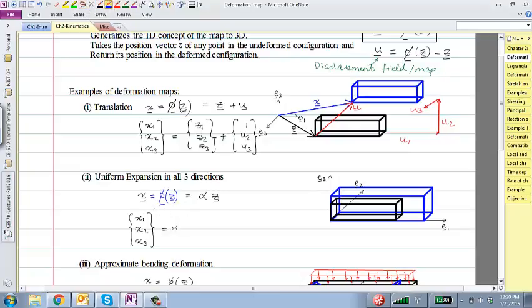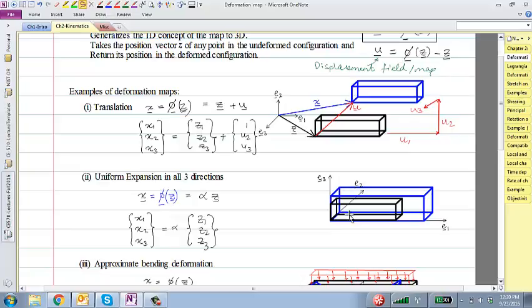I'm missing an underline under phi here. So in components, no surprise there, alpha times z1, z2, z3 gives me the corresponding position of a point from the undeformed to the deformed configuration.